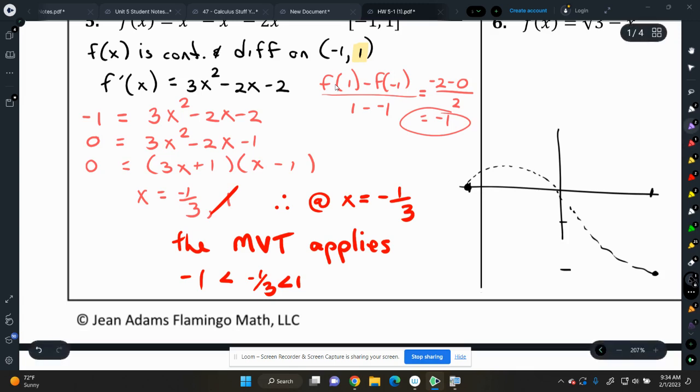Now the slope of the secant line between -1 and 1 is -1. The mean value theorem tells me there's some place in between where the slope of the tangent line is going to be parallel to that. Well, it turns out that it's right there at -1/3.